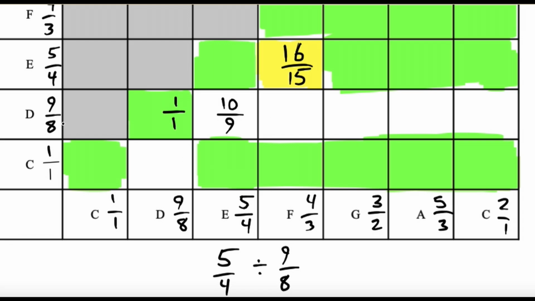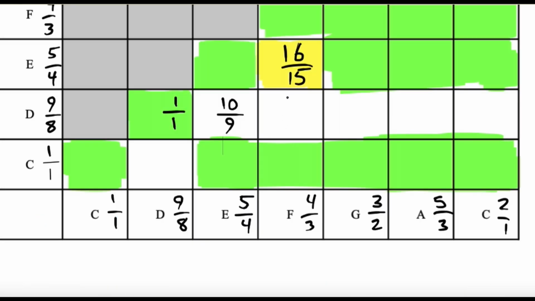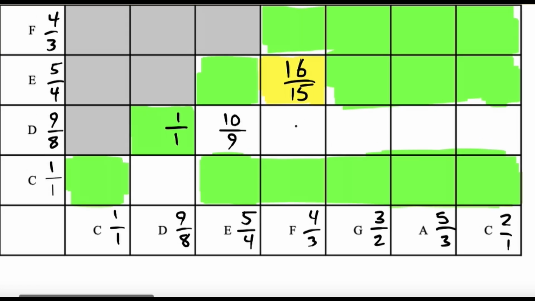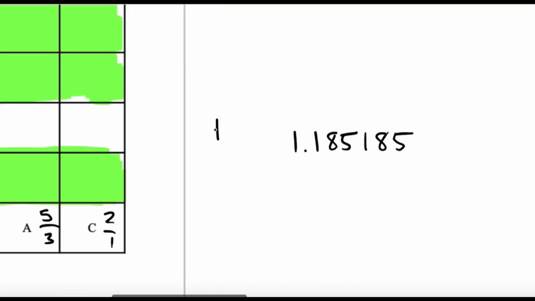Now let's try 4/3 divided by 9/8. 32/27. So that could be considered not nice. Let's see what 32/27 is as a decimal. It comes out to 1.185 repeating. And this is F divided by D. So let's say F4 divided by D4 makes that ratio.